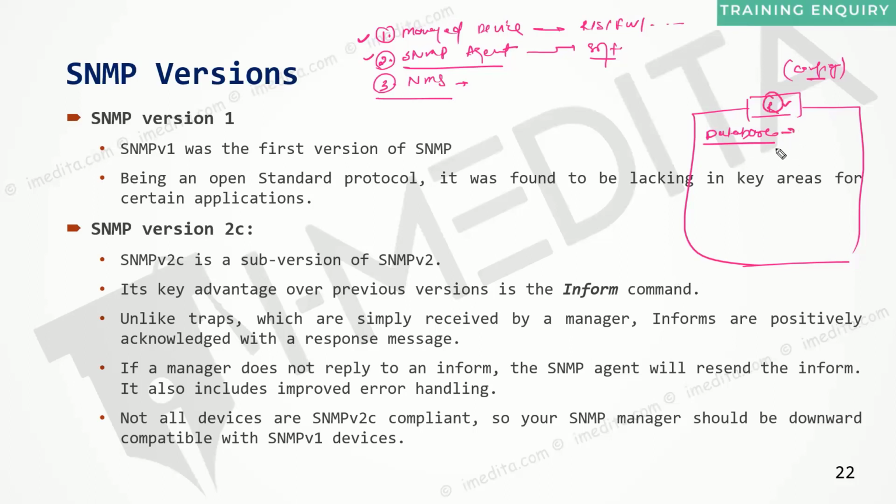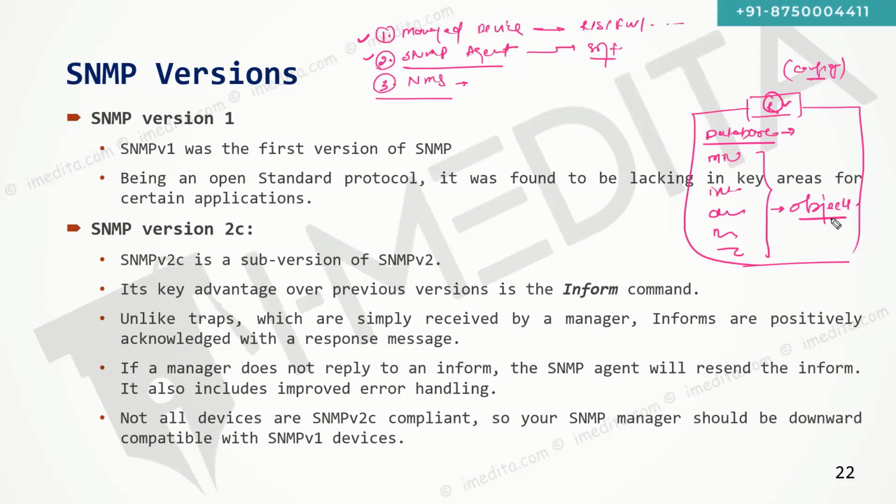All this information is what we refer to as objects. Objects are the information available on that particular router. So router name, uptime, interface, MTU, all these are what we refer to as the SNMP objects.